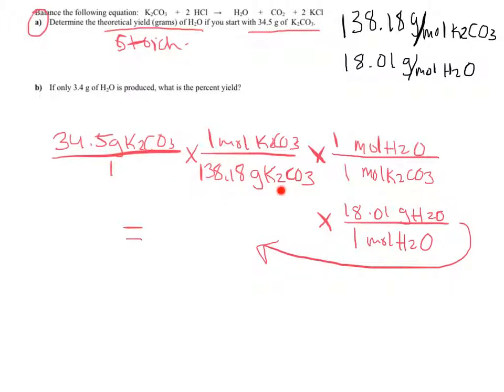But I'm going to be dividing by the 138.18. And that gives me 4.50 grams of H2O once I round it. I actually got 4.4966, but if I round to the nearest hundredth, it would get me 4.50.